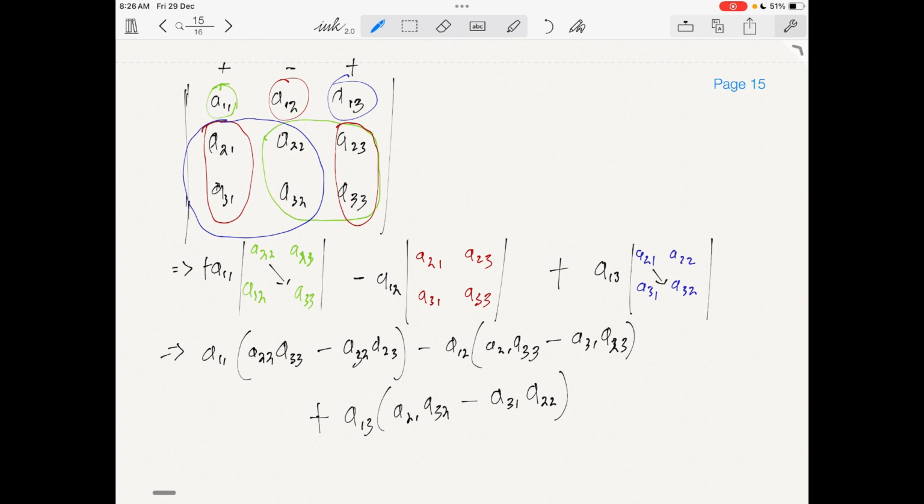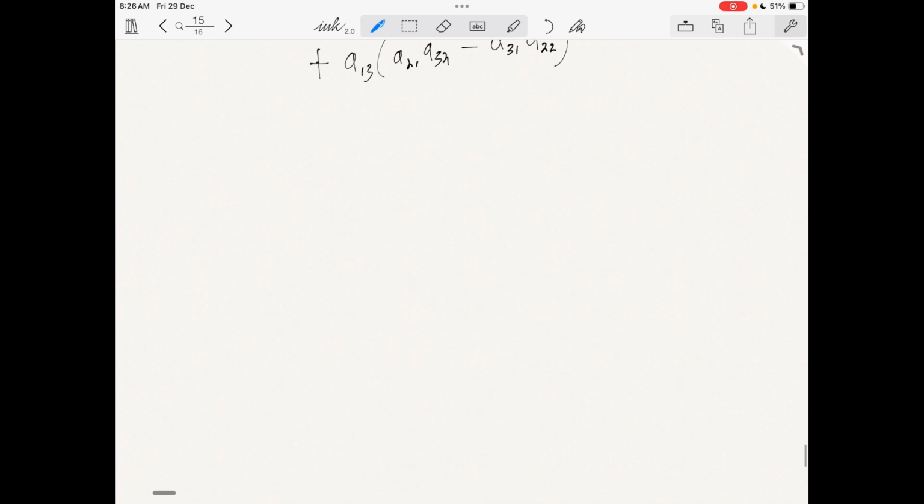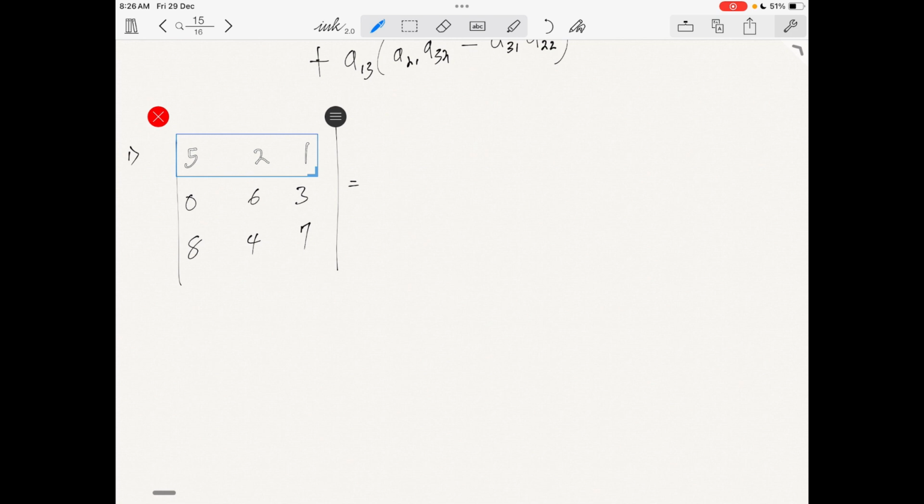Now, the rest is to take examples, so that we are not speaking gibberish. Let's say we have 5, 2, 1, 6, 0, 3, 8, 4, 7, and we want to evaluate the determinant. We are considering the top values. In some books we can consider another row, but we stick to this. So we are talking about 5.